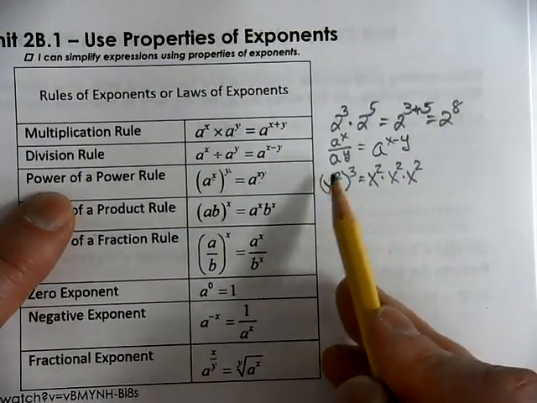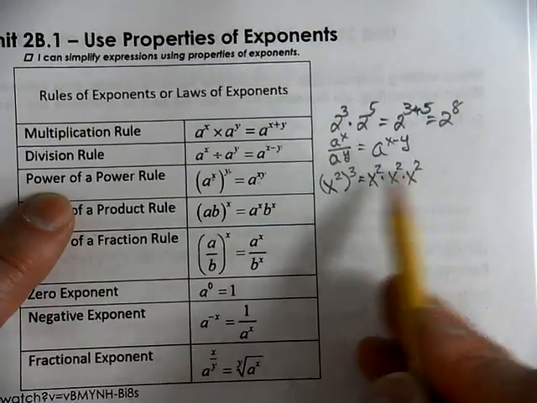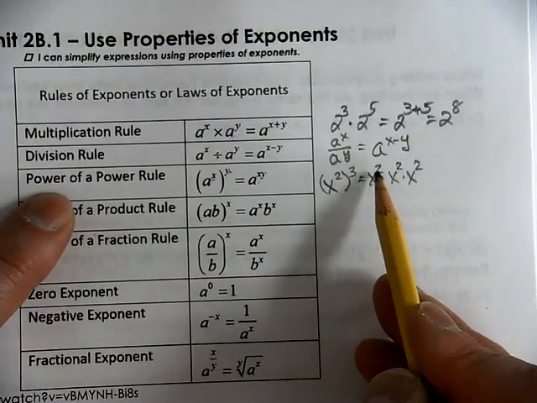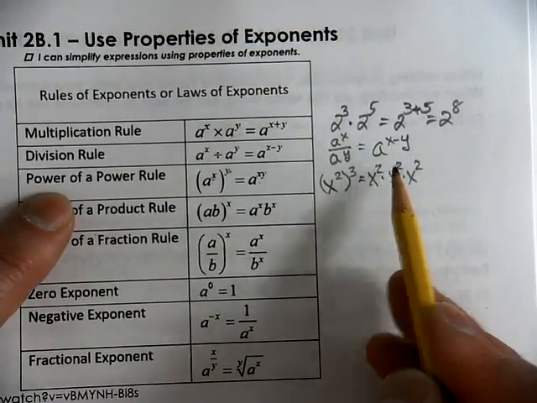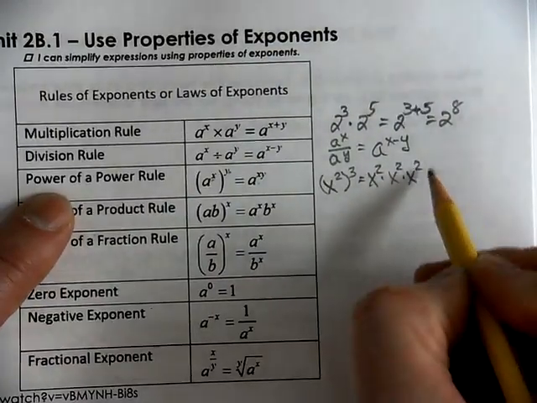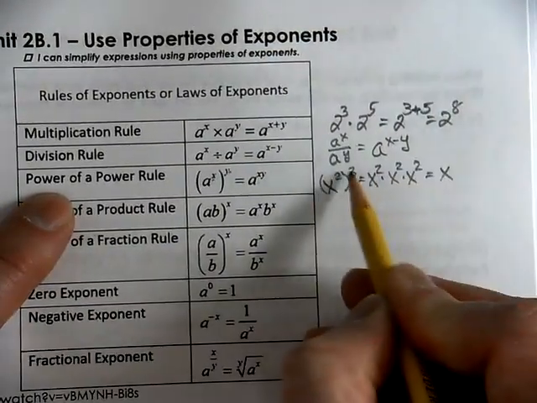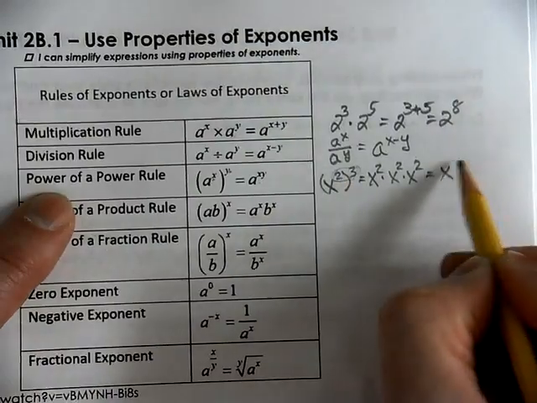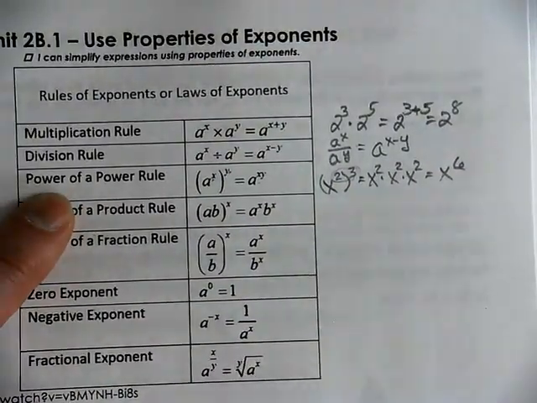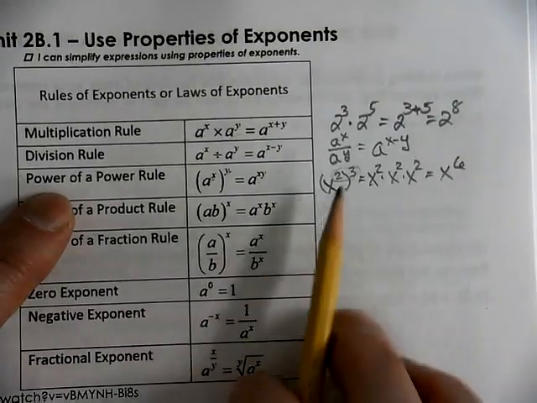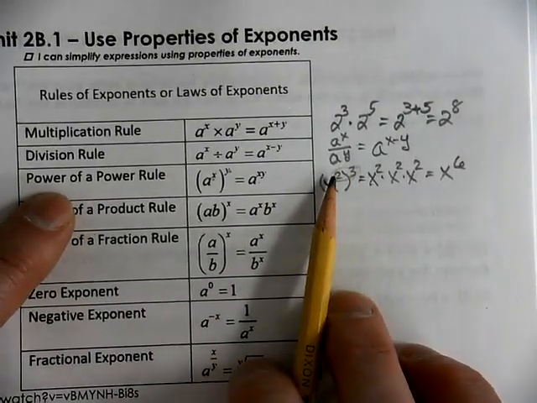It says take what's inside the parentheses and write it 3 different times. Therefore, we would say 2 plus 2 plus 2 is 6. Well, you already knew that because 2 times 3 is 6. That's the shortcut, is to multiply if you're raising a power to the power.